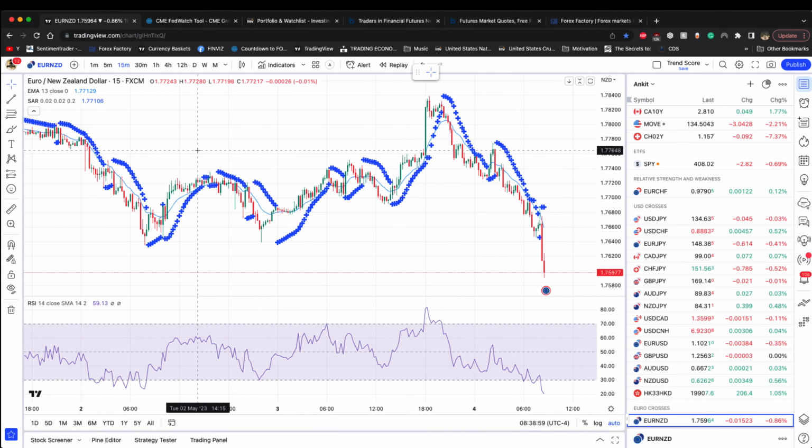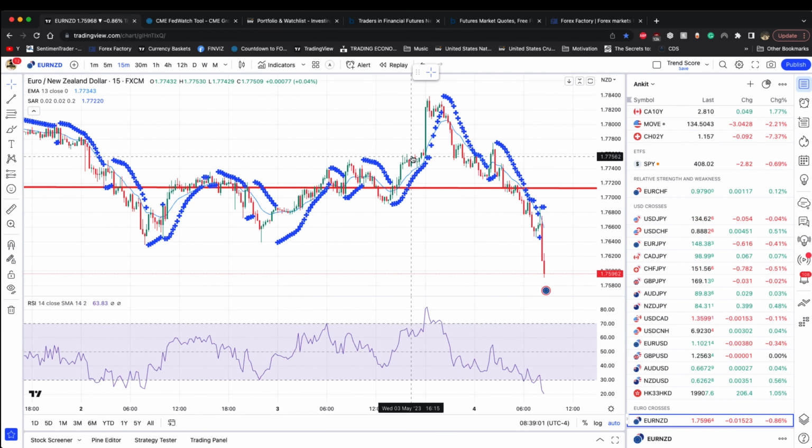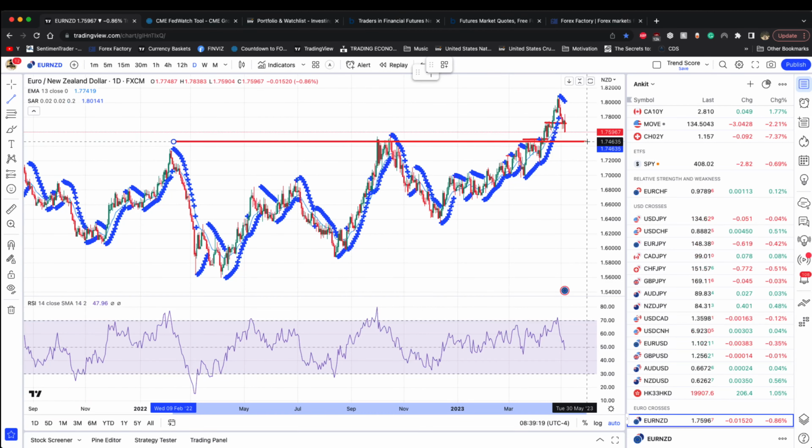As you can see, euro Kiwi has already moved a lot since last night. I mean, since the Kiwi is the best currency, this thing has already made its move. So let's start with the longer term chart on a daily. What is the daily telling us? Well, daily is rolling over from a very key level that it broke out of.